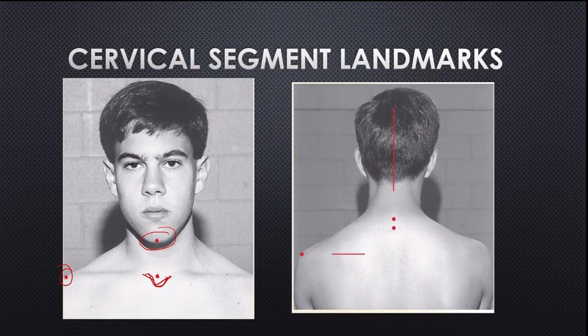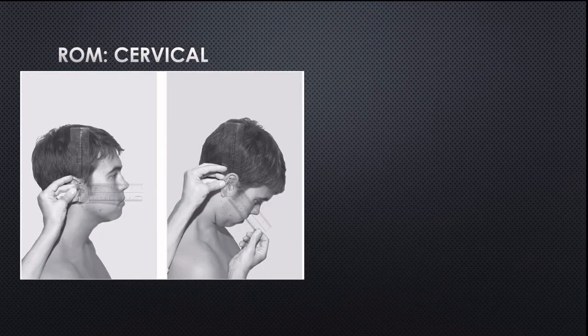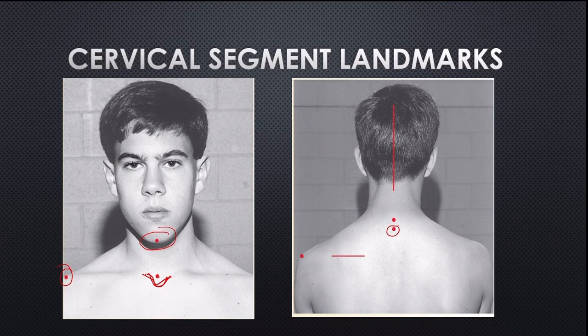For the posterior view, here, this is your C7. If you palpate your C7, vertebra prominens, the spinous process, that's the longest spinous process of all in the spinal region. Above that one is your C6.